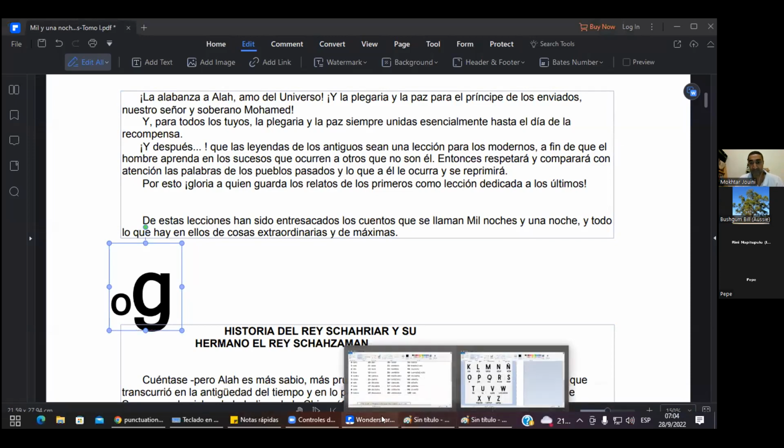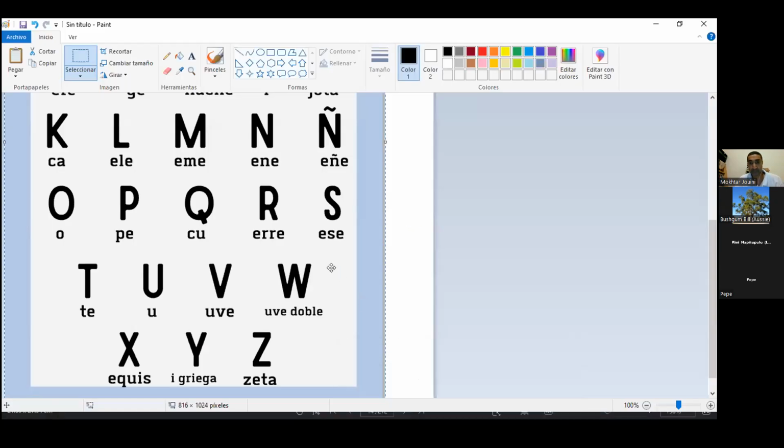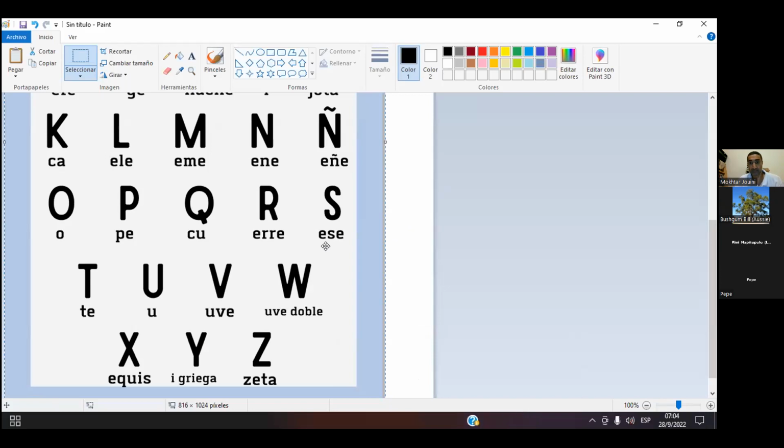We were looking last time at the alphabet, and I think we stopped at the S. Remember the R has two tones: the soft R and the strong R. Like in ferrocarril, the train, and flor, a very feeble R. The R is soft.